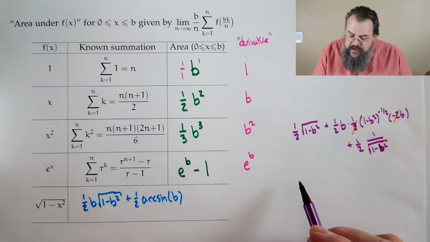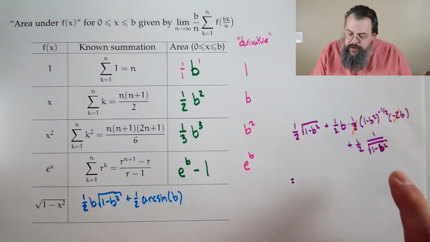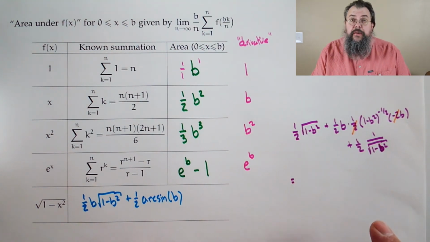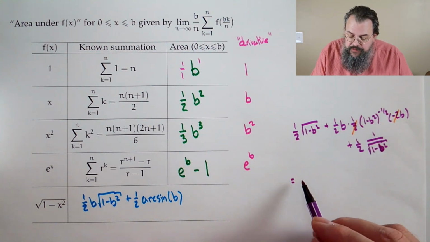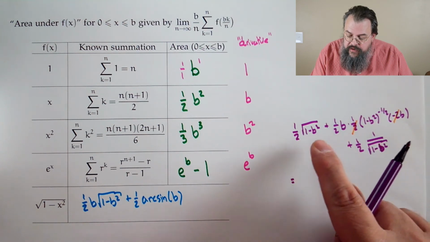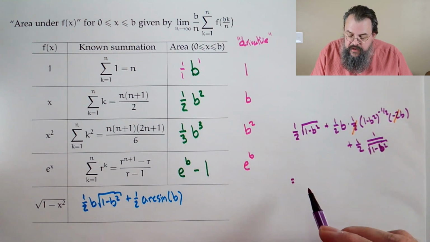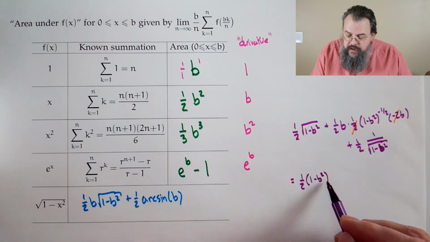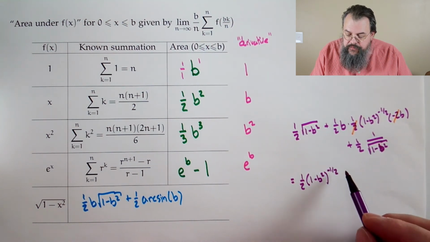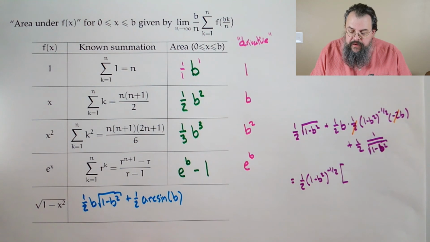So let's factor out 1 minus b squared to the lowest power. In our case, it would be 1 minus b squared to the minus 1/2 power. And let's also factor out a half, since everything has a half. So I'm going to pull out a 1/2, a 1 minus b squared to the minus 1/2. And let's see what's left.